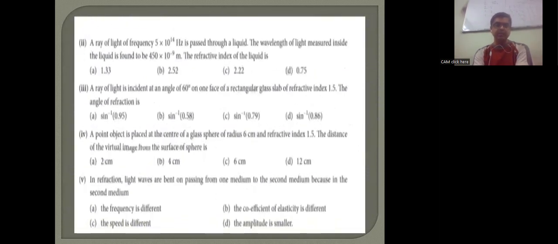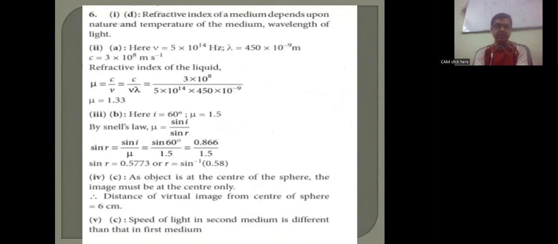Second, a ray of light of frequency 5 into 10 to the 14 hertz is passed through a liquid. The wavelength of light measured inside the liquid is 450 into 10 to the minus 9 meters. The refractive index of the liquid will be? Now, refractive index is speed of light in air with respect to speed of light in medium.